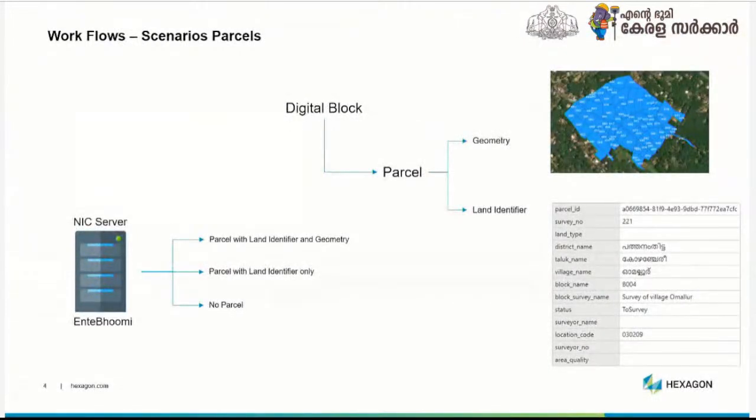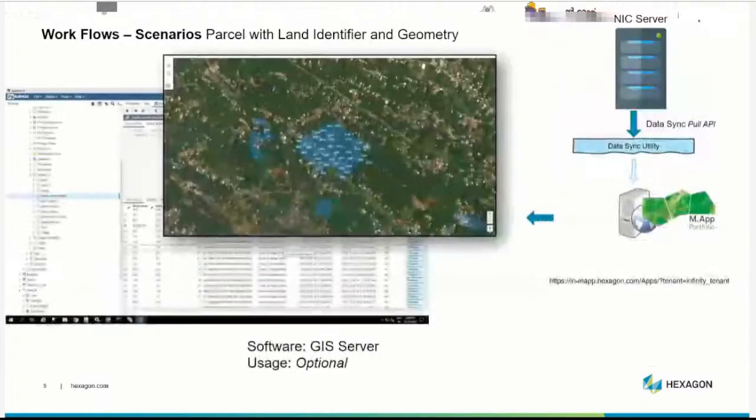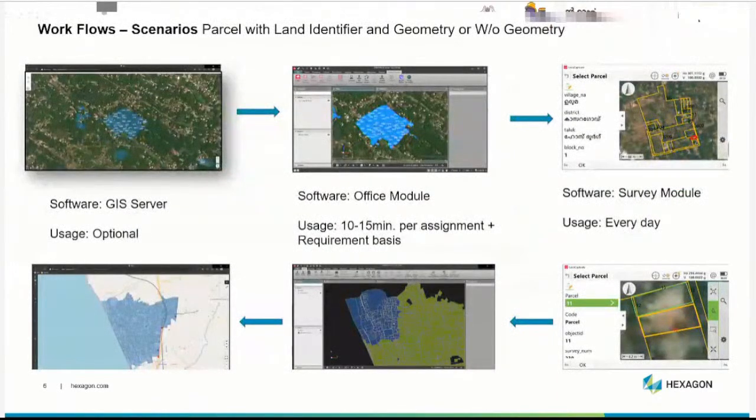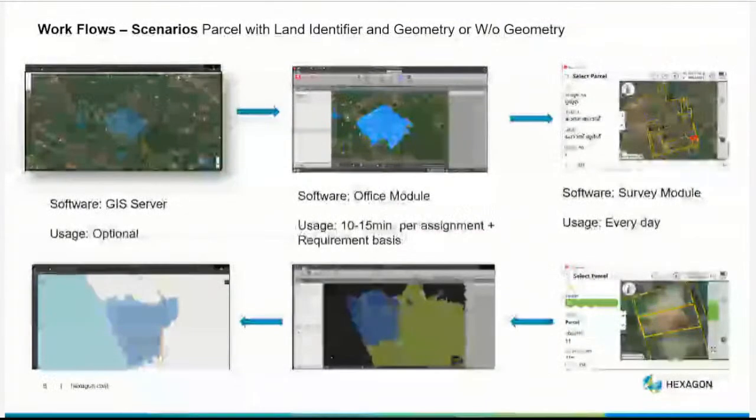Third option is there is no parcel at all. And we looked at the first option where the parcel has a land identifier and geometry. So it's pretty simple that we take the data and that is all made. That is the standard way of how we have to do the survey. Okay?